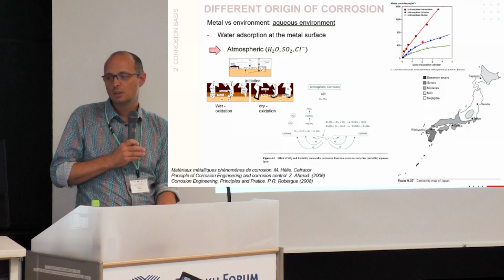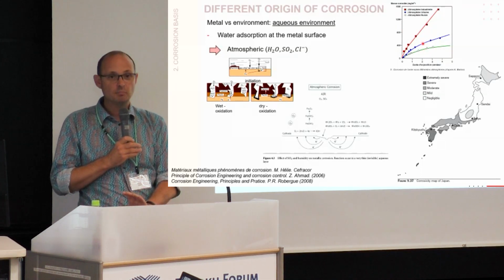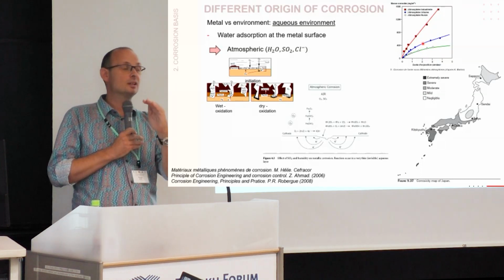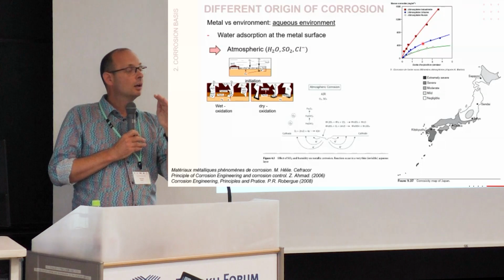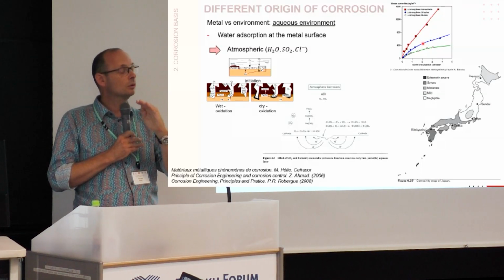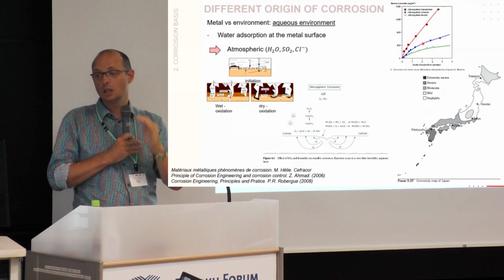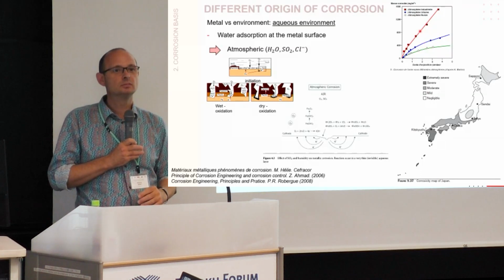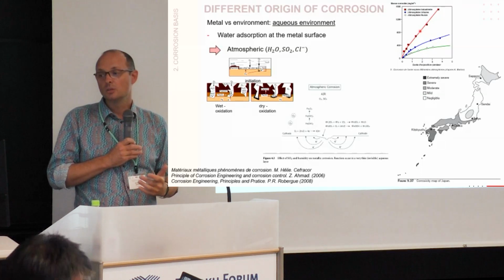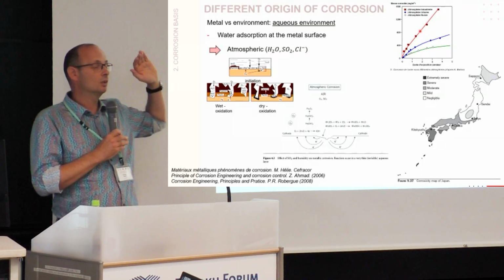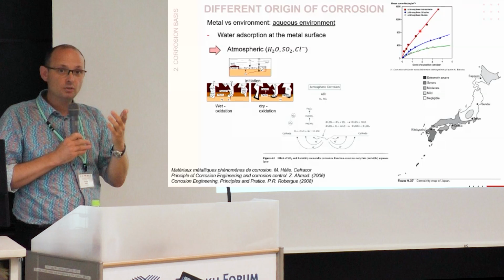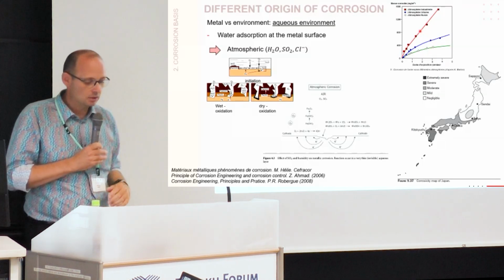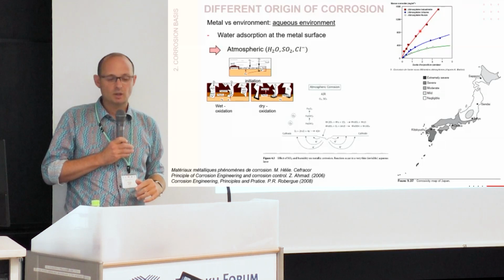If you go to city atmosphere for the same material, you will see that the corrosion rate of the material is increasing. And now, if you are going to an industrial environment, you see that the corrosivity is again increasing. So that means pollutants, not only oxygen, but also chloride, sulfide, and so on, are increasing the corrosion rate.